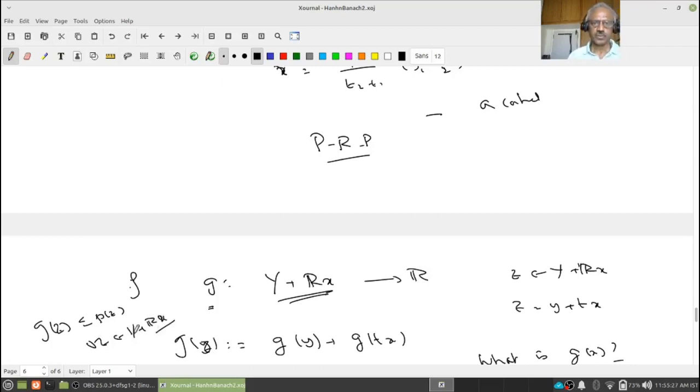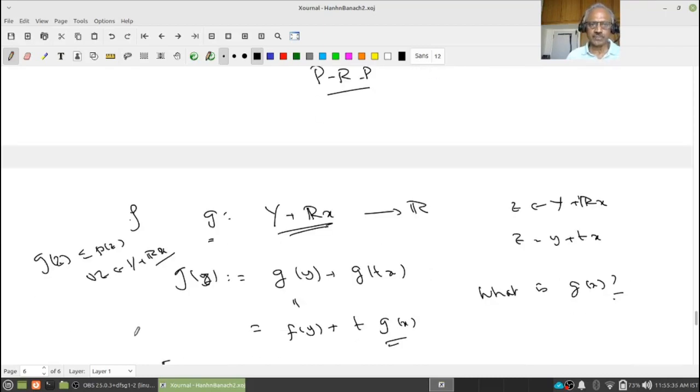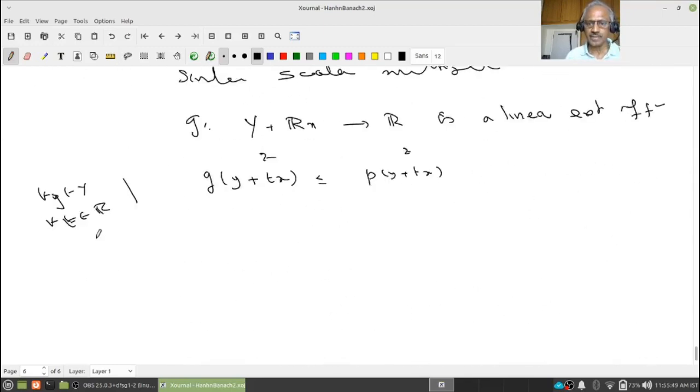So if I add one extra vector to Y, I get one dimension more. Then whether I can extend it such that this inequality is satisfied. So algebraically I have done that. But the crucial point is whether I can do it analytically. That is, this inequality should be satisfied. Have you understood that?